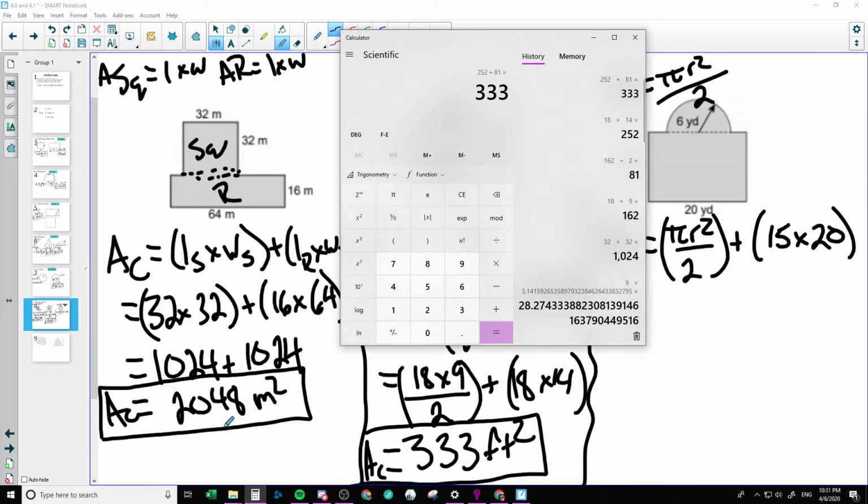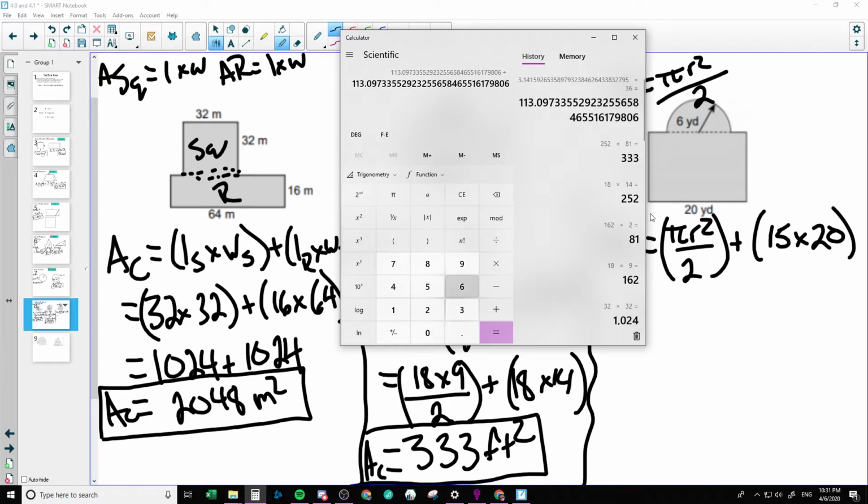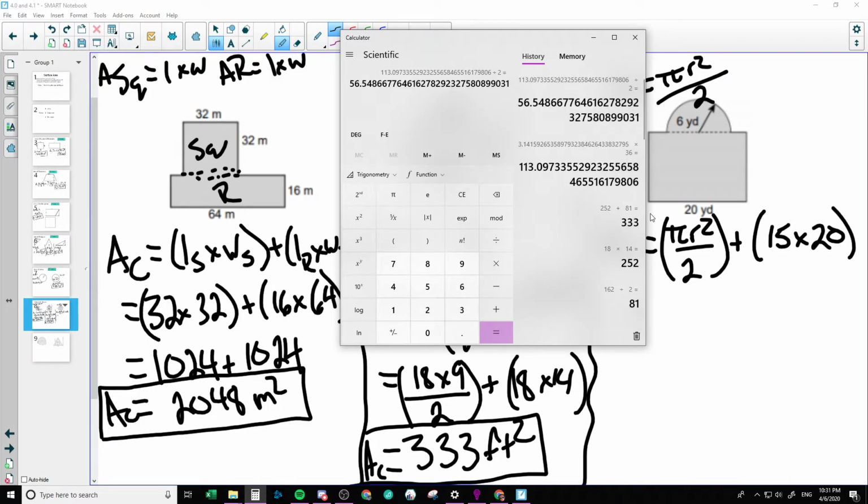Pull out our calculator. Our radius here for this one, I should have filled this in. Our radius here is 6. So pi times 6 squared is 36. We're going to divide that by 2. It's going to give us 56.55. And then we're going to say, okay, plus, and let's put this in brackets, 15 times 20.